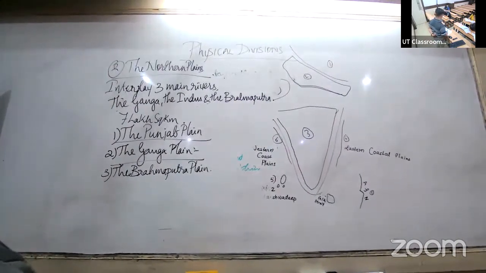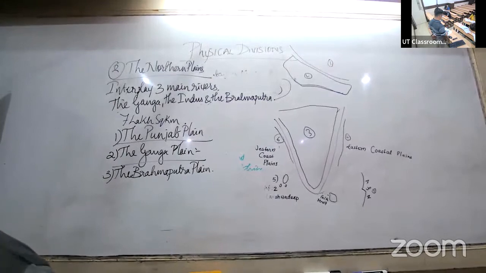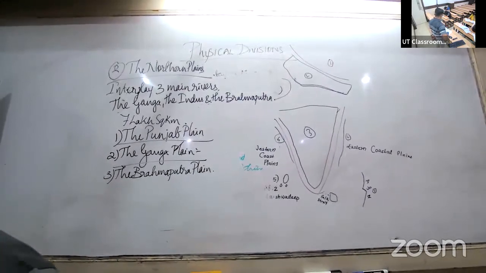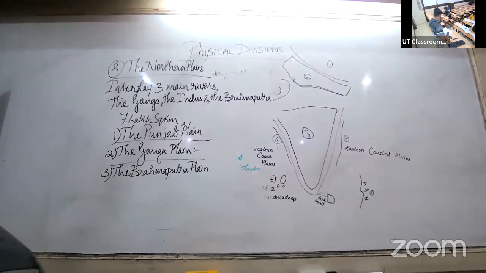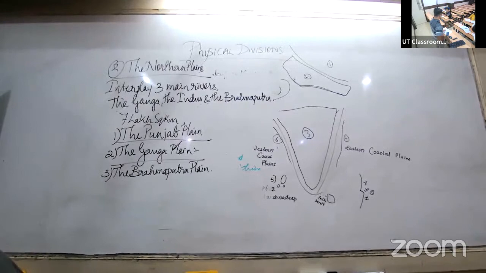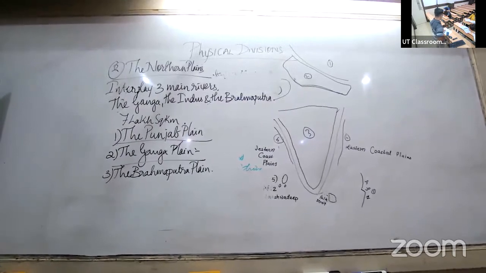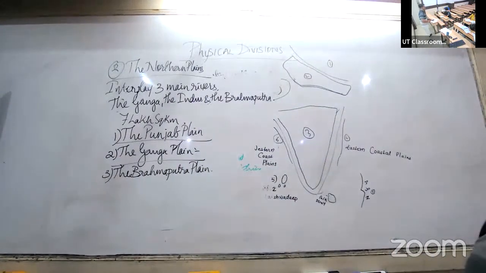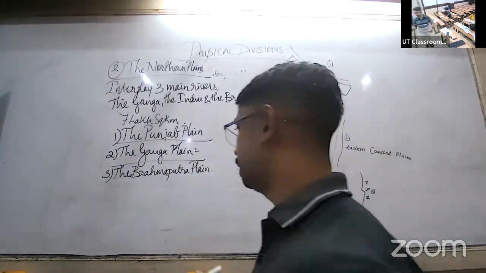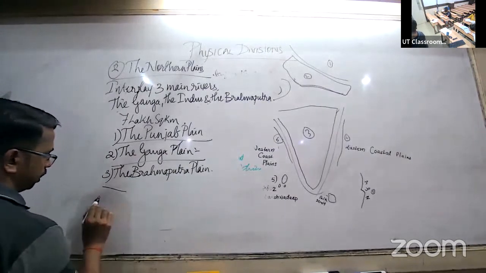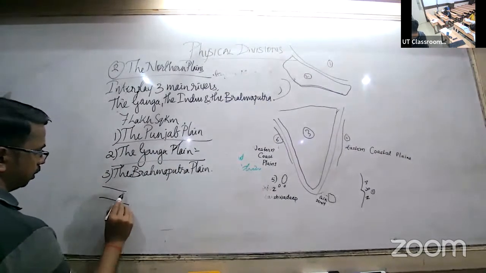The main river, the Brahmaputra, is a braided river which carries lots of sediments.